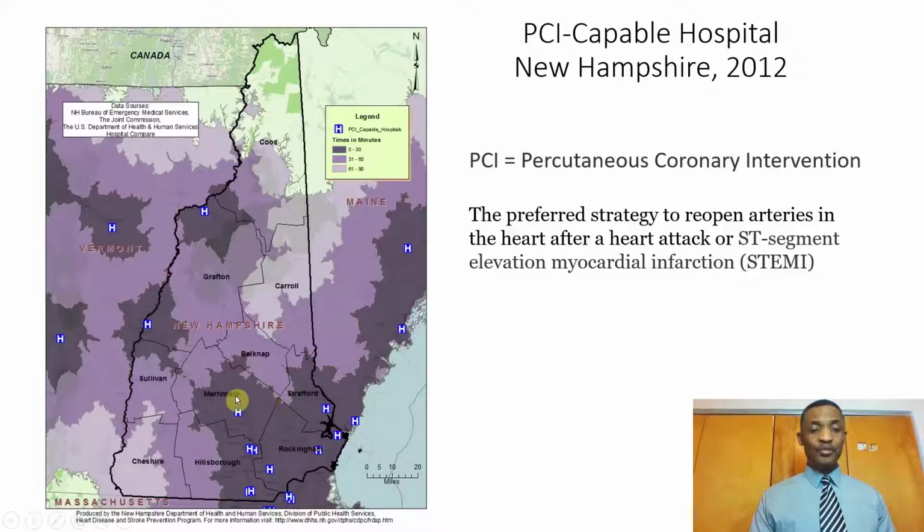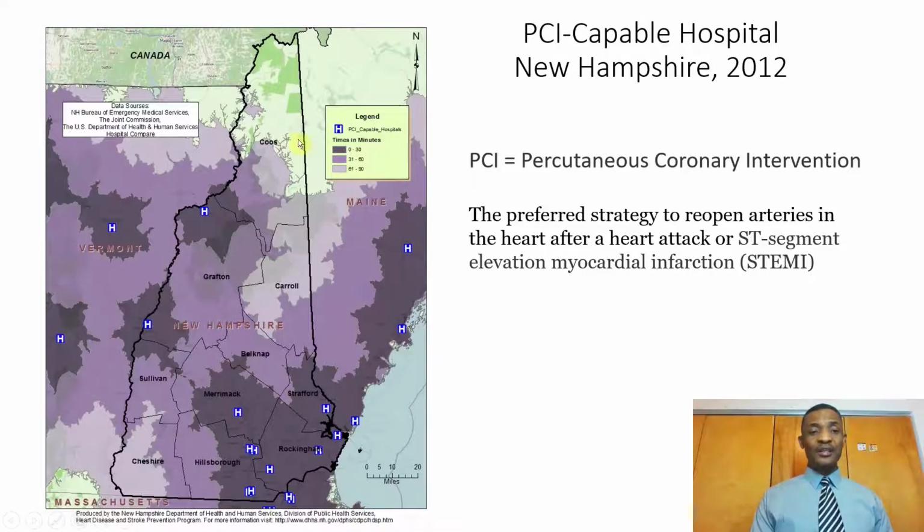For example, if you're living in the darker purple areas, you are only 0 to 30 minutes away from a hospital equipped to take care of heart attack patients if you happen to have one.